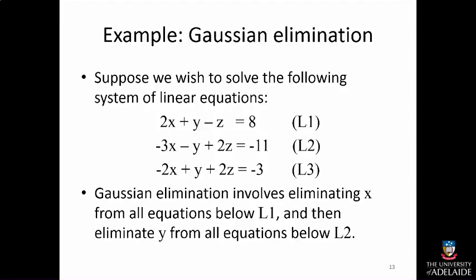Then, in order to find y, we need to get rid of y from all the equations below the second equation. It is fine if y is there in the first one. Similarly, if we had more variables, you need to remove each unknown variable from the equations below that particular equation, right?